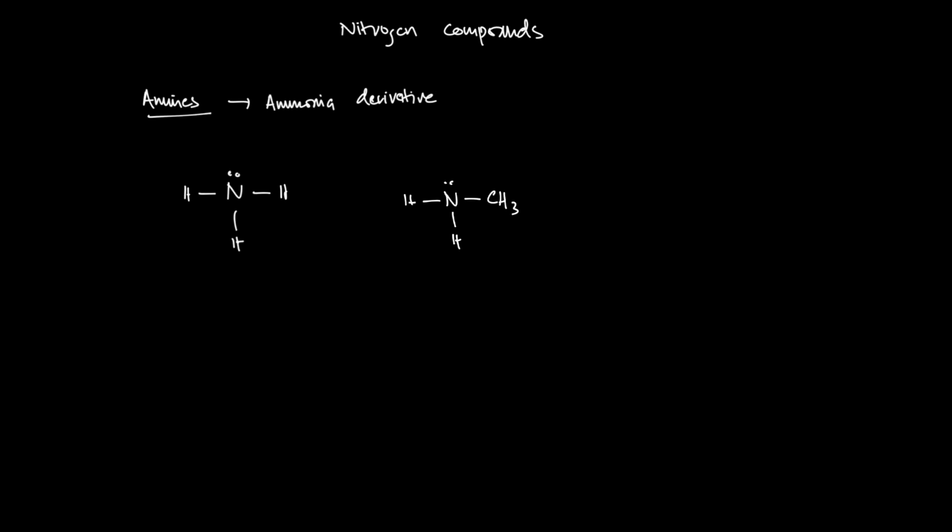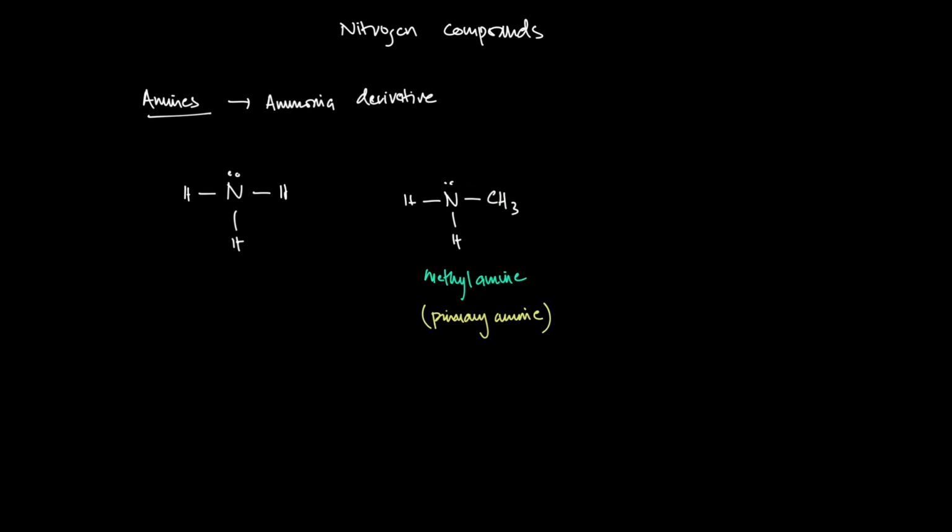This compound is called methylamine. You have a methyl group bonded to an amine. This is what we call a primary amine. In primary amines, one of the hydrogen atoms has been replaced by a methyl group.